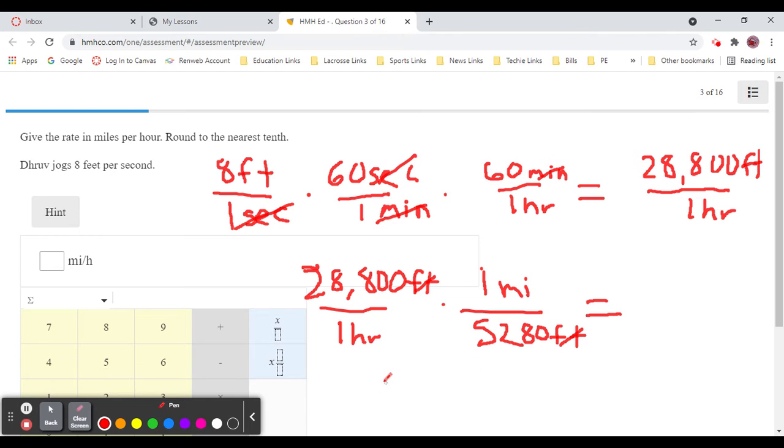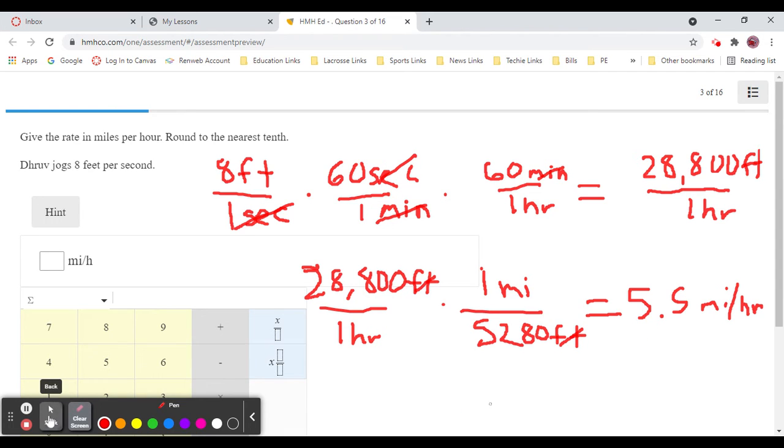So we're essentially going to take 28,800 and divide by 5,280, which leaves me 5.45. And of course, we're going to round to the nearest tenth, which gives me 5.5. And of course, it's miles an hour.